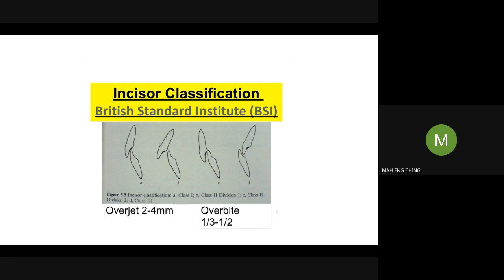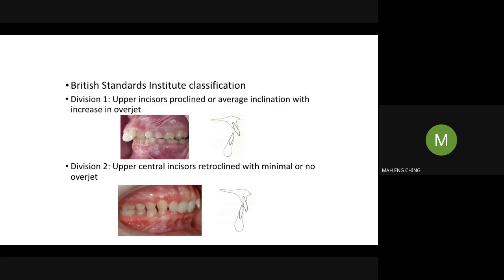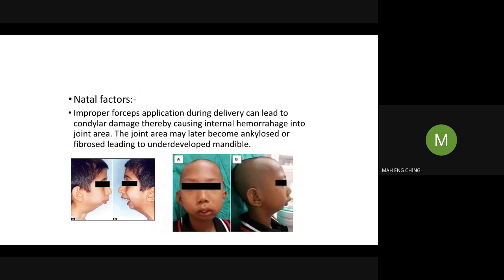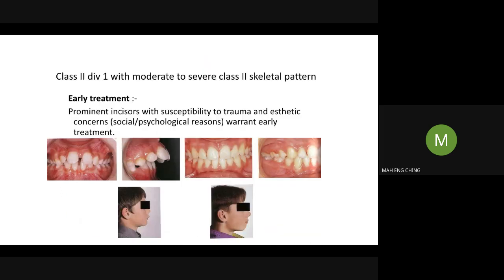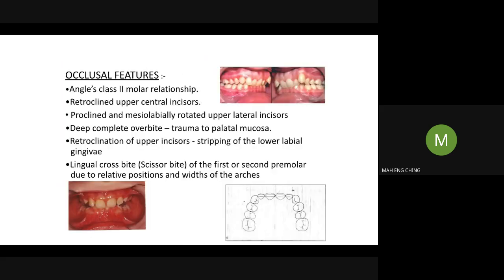So I would say expander most of the time is for the alignment of the teeth. Maybe we will talk about this expander in a different lecture series, not in this Class 2 Division 1 or Division 2 topic. So remember, only if you have a narrow maxilla do you put an expander, because you want to widen the arch. For Class 2 Division 2, sometimes you have a scissor bite on the premolar area.